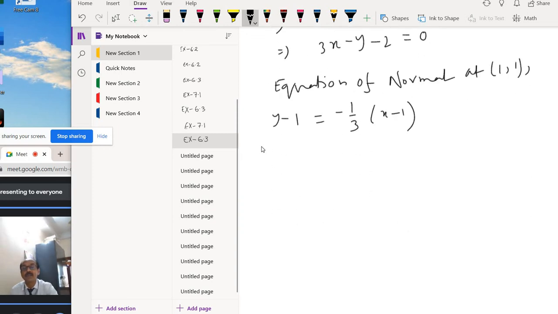Okay, is it clear? Normal slope, cross multiply. Yes, sir. 3y minus 3 equal to minus x plus 1.